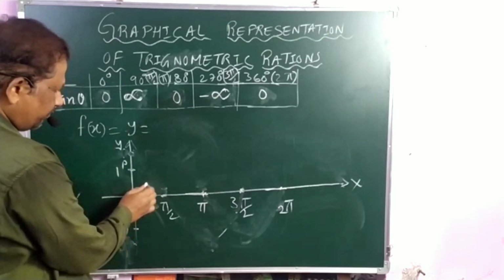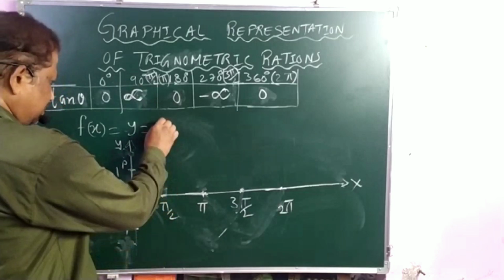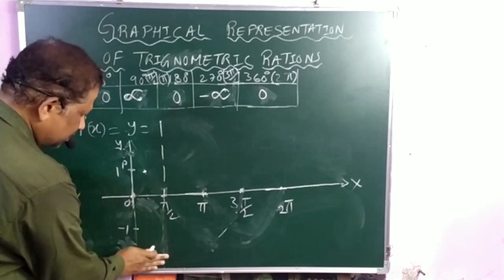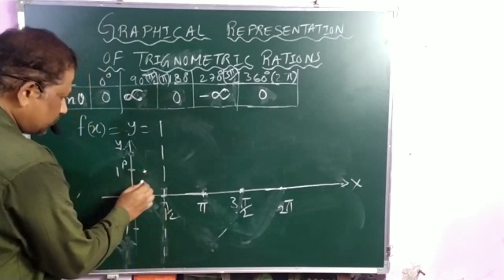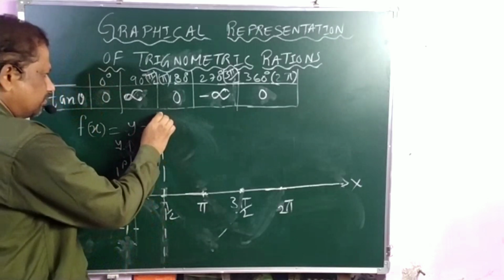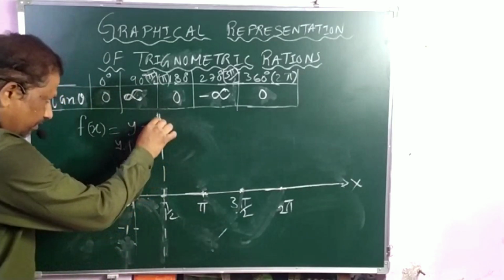Tan 45 degrees is 1, and at 90 degrees we get infinity. Wherever we get infinity, draw a line parallel to the y-axis. So this curve goes like this towards infinity. This is 45, tan 45 is 1.